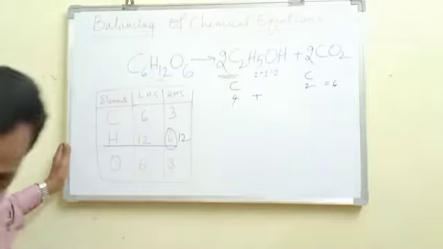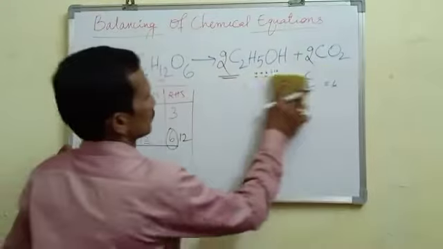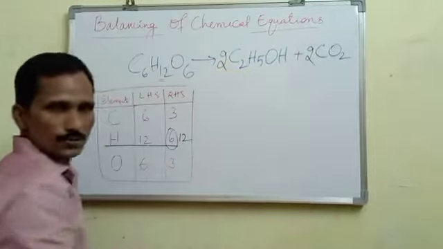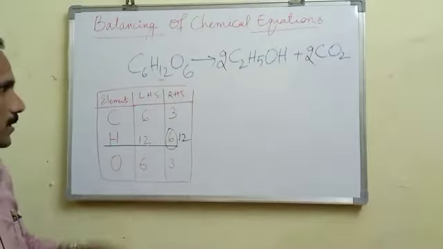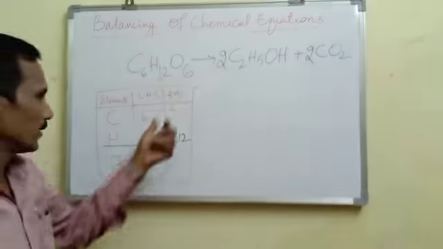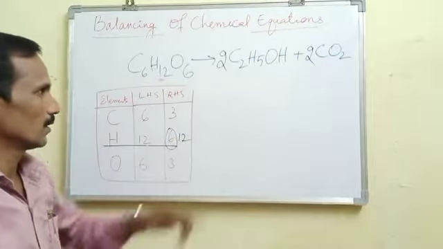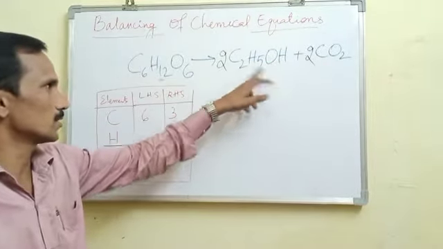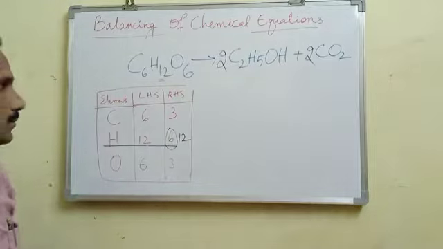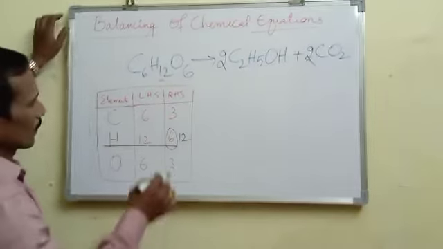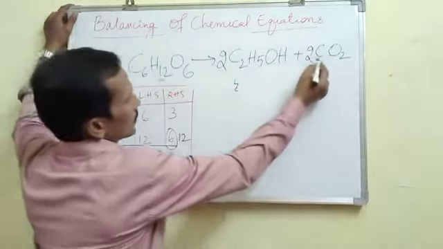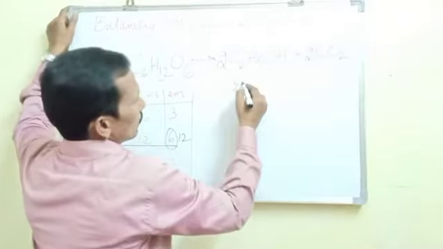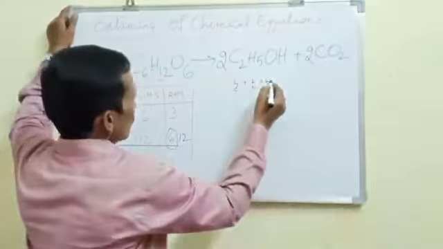Are you following, students? What we have done: the most complex substance, the element with more atoms, hydrogen, is balanced first. Here 5 plus 1, 6, 6 into 2, 12 hydrogens. Next, carbons are 6 here. Here already 4 carbons, and when we multiply, 2 plus 2 carbons, total 6 carbons.